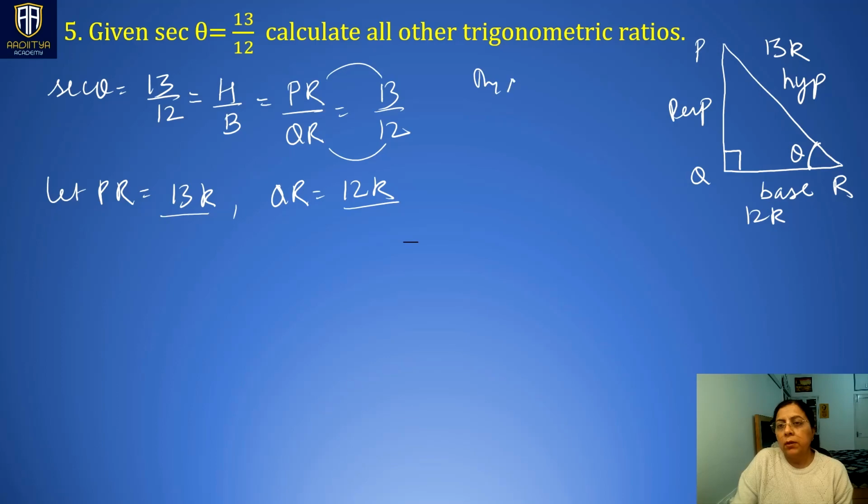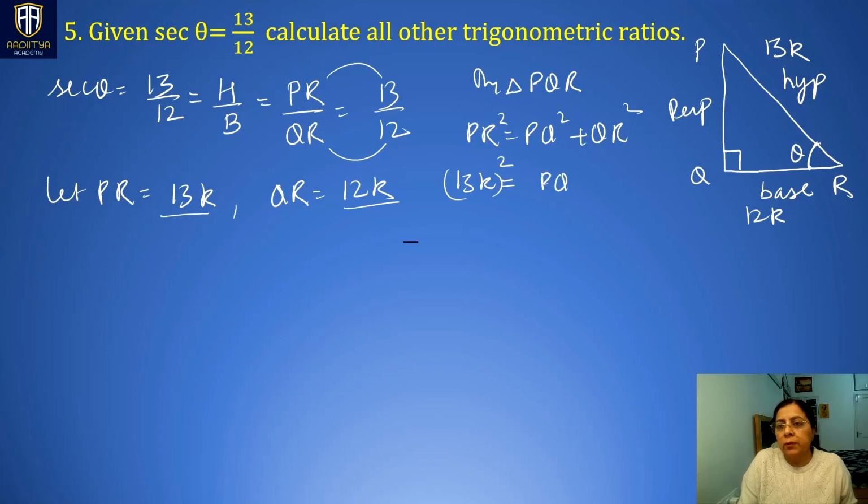Now in triangle PQR, PR square is PQ square plus QR square by Pythagoras theorem. PR is given to us as 13K, whole square. PQ square we have to find. QR square is 12K whole square.